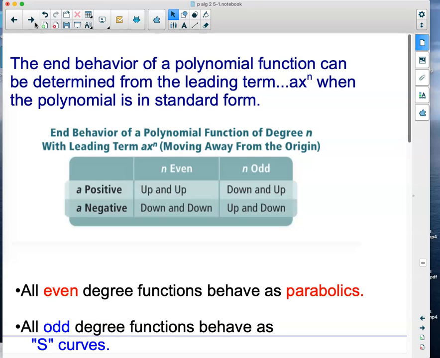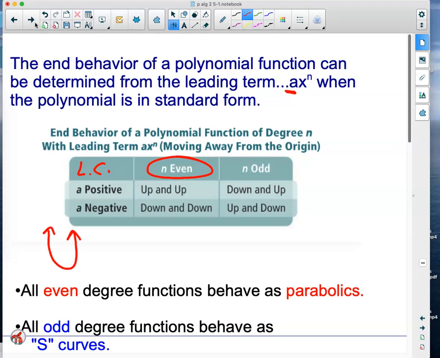So, if we have an even degree, 2, 4, 6, 8, 10, etc., and the number in front of our variable, that's going to be our leading coefficient, is positive, in fact, let me put LC right up here for you, then it's going to be up and up.